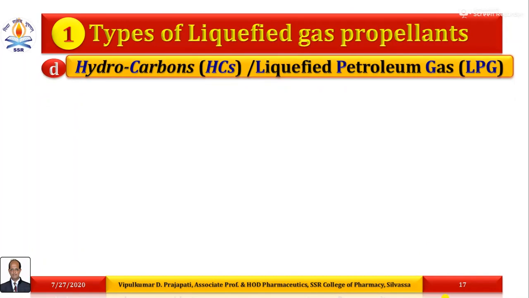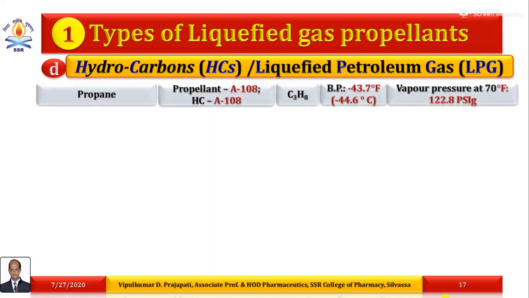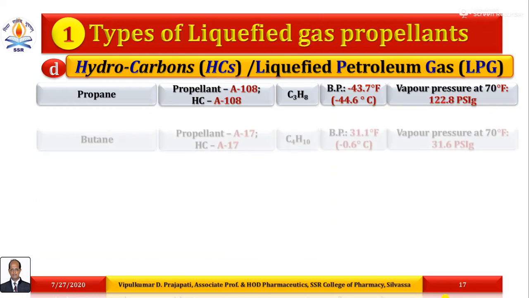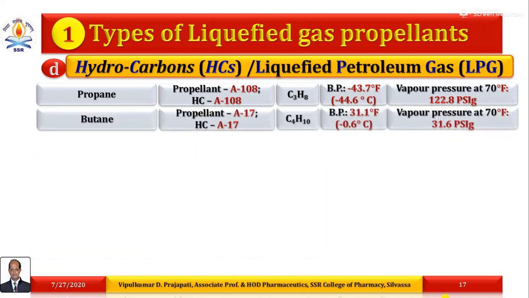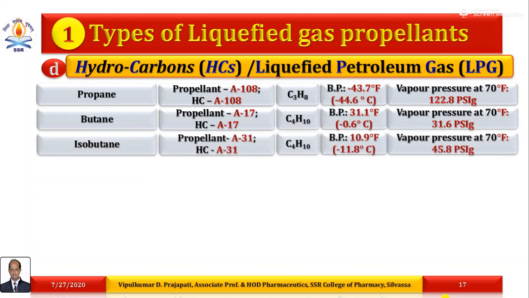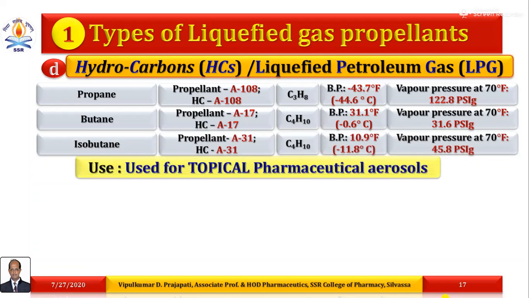Next type, hydrocarbons or liquefied petroleum gases. Examples of hydrocarbons are propane, also known as propellant A108. Next, butane, propellant A17, and isobutane, that is propellant A31.